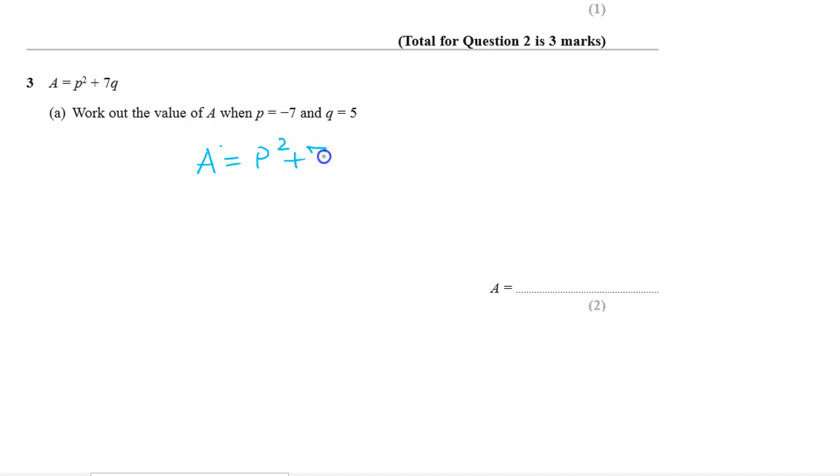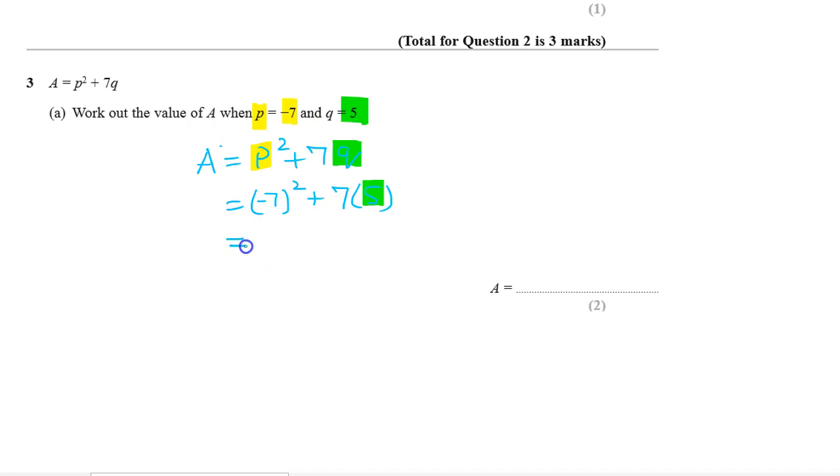Question number 3 is A is equal to P square plus 7Q. Now P is negative 7. So in place of P you will write negative 7 square plus 7, and the value of Q is 5. In this equation you just replace this P by this value and this Q by 5.